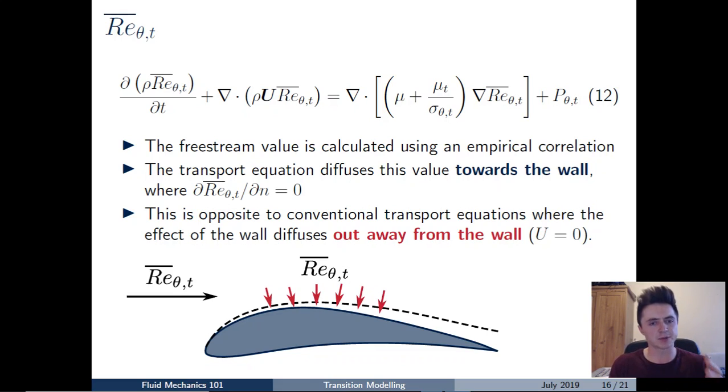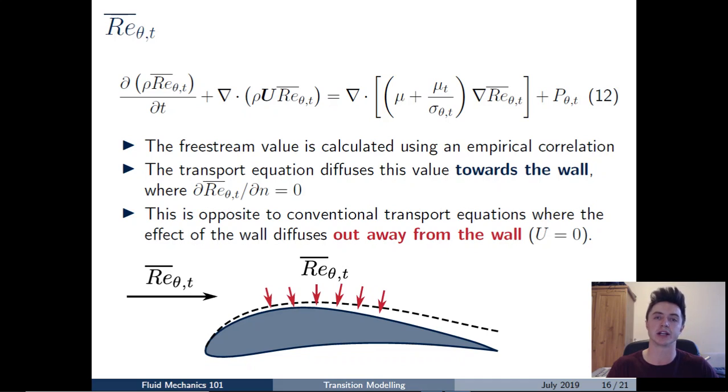Now, this is conceptually different to the way we use transport equations for turbulence and the way we use them for velocity and temperature, where, for example, for the temperature equation, we might have a fixed temperature on the surface, and the temperature and the heat diffuses from the surface into the flow.